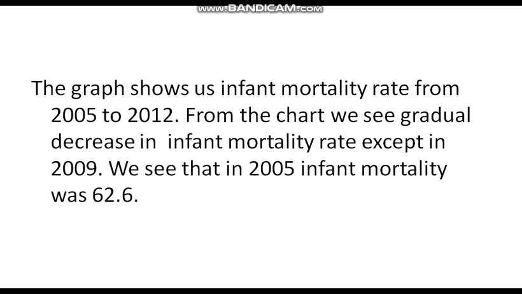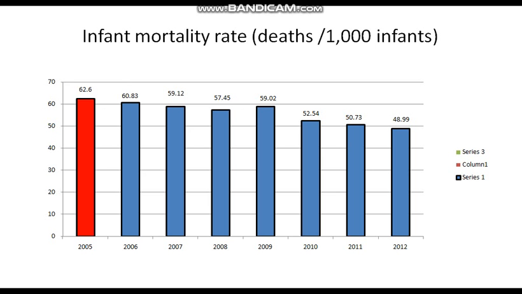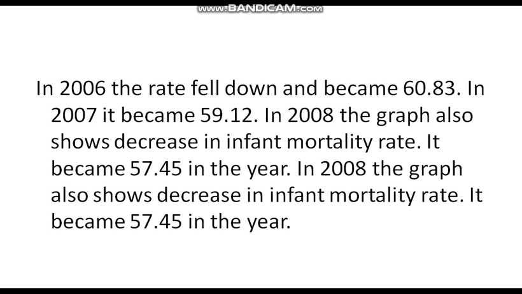From the chart we see gradual decrease in infant mortality rate except in 2009. We see that in 2005 the infant mortality rate was 62.6, and then we shall describe the mortality rate of 2006 and 2007 and write in this way.